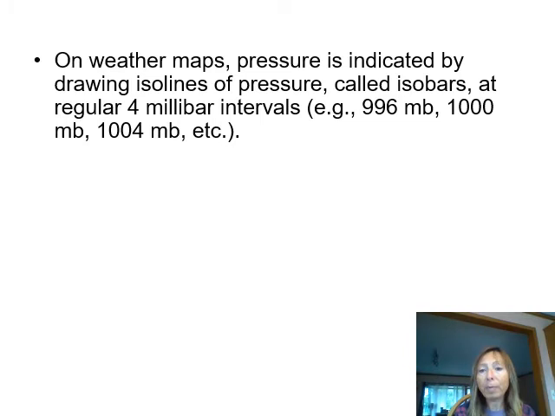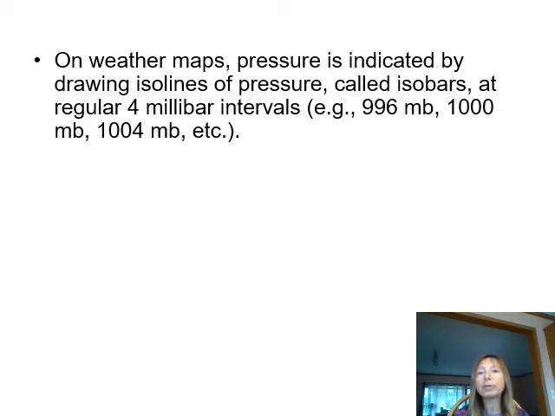So wind and pressure, of course, are very closely related, because it's the gradient in the pressure that is causing the wind, and so the speed of the wind is closely linked to the intensity of this gradient of the pressure. On the weather maps, you will see pressure indicated by the isolines.